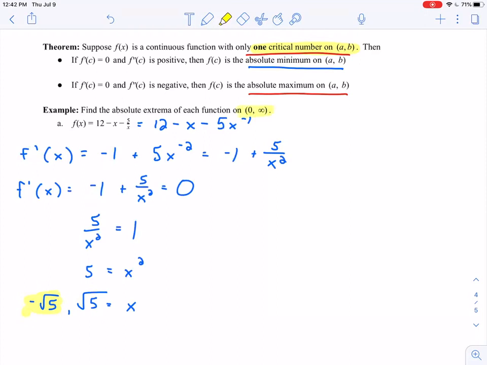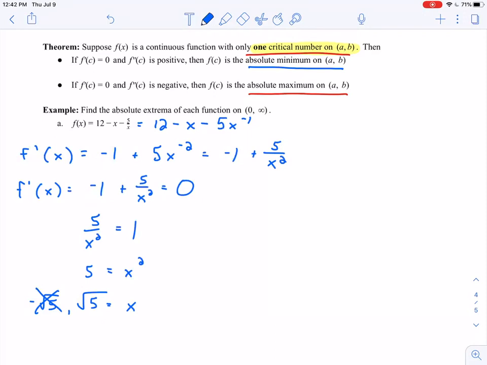That's certainly not between 0 and infinity. So if we're only looking at this interval, we basically get to ignore that possibility. Negative square root of 5, that's not a problem for us. So square root of 5 appears to be our only critical number, which is good.